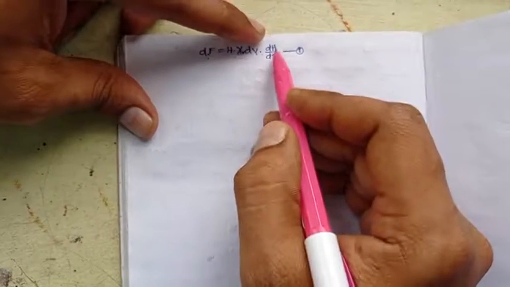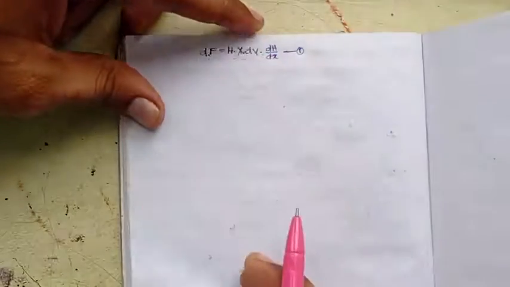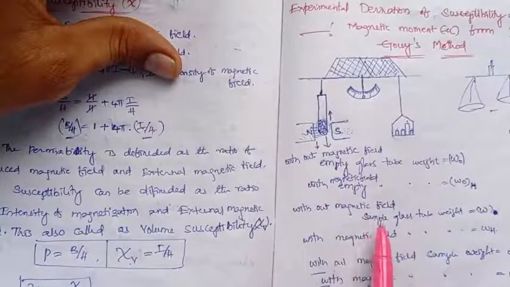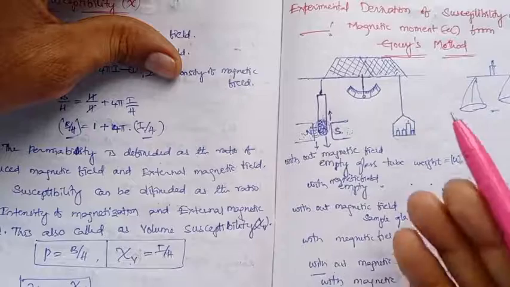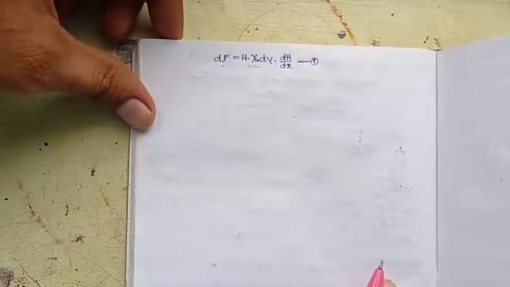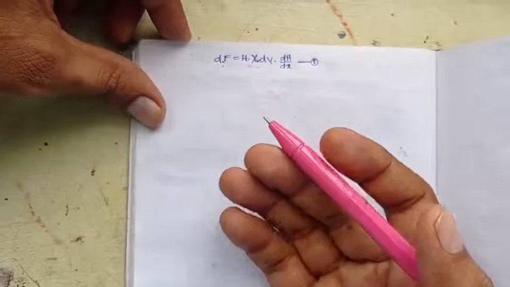And there will be a change in the magnetic field, right? As we discussed initially, we have the weight of the sample with field and without field, nothing but we are changing the magnetic field. We can also change the amount of magnetic field: a minimum amount, maximum, moderate, like that.